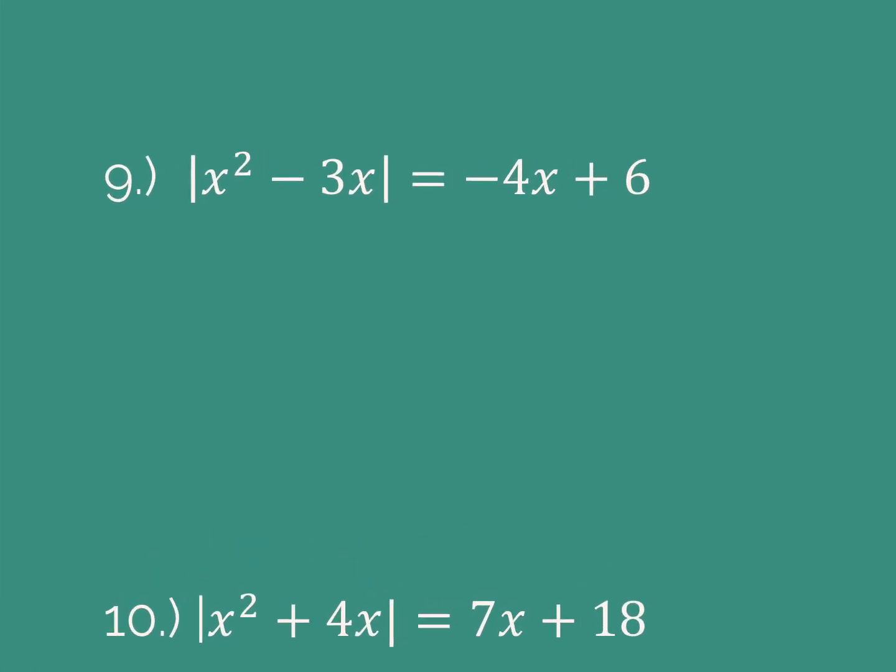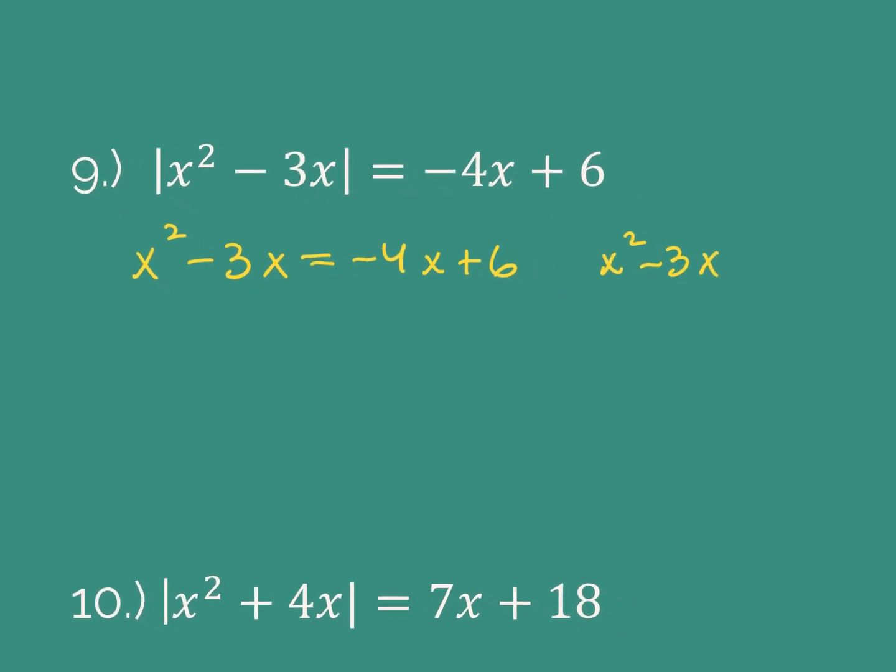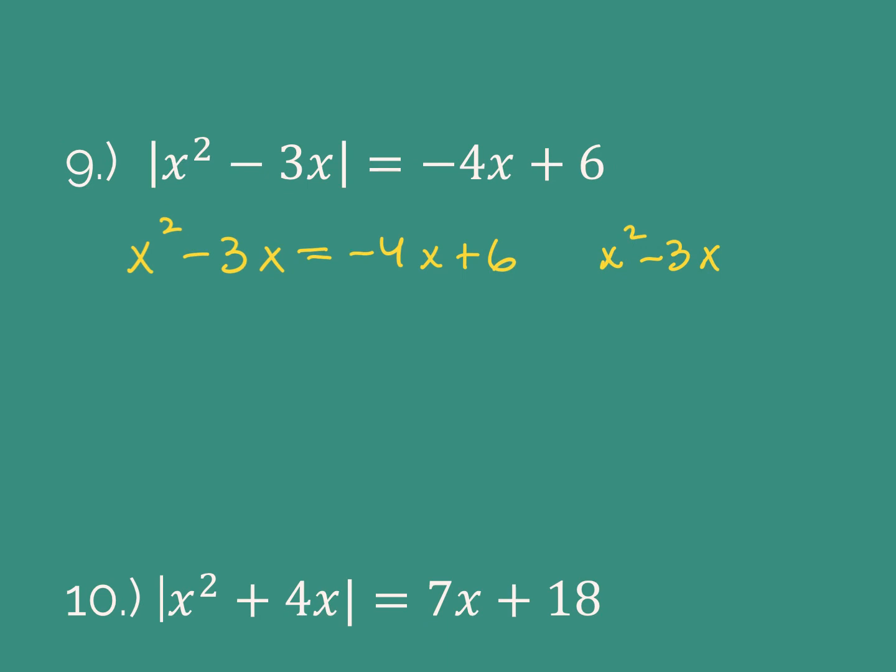So the first one is going to just be the x squared minus 3x equals the way it is. The second problem that you're going to create, drop the bars, but flip the signs on both of these. So this will end up becoming positive 4x minus 6.